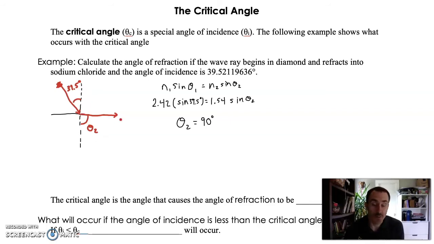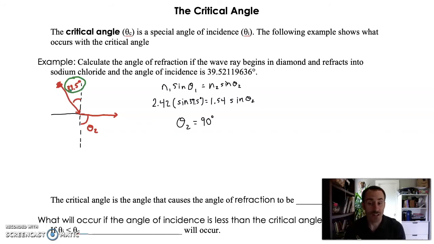It would be running along the boundary of the two. And so this angle, this 39.5 degrees, is called the critical angle for a change from diamond into sodium chloride. Now that's not a very useful transition, but diamond into air, that's a useful one. Glass into air, water into air. Those are all common ones.